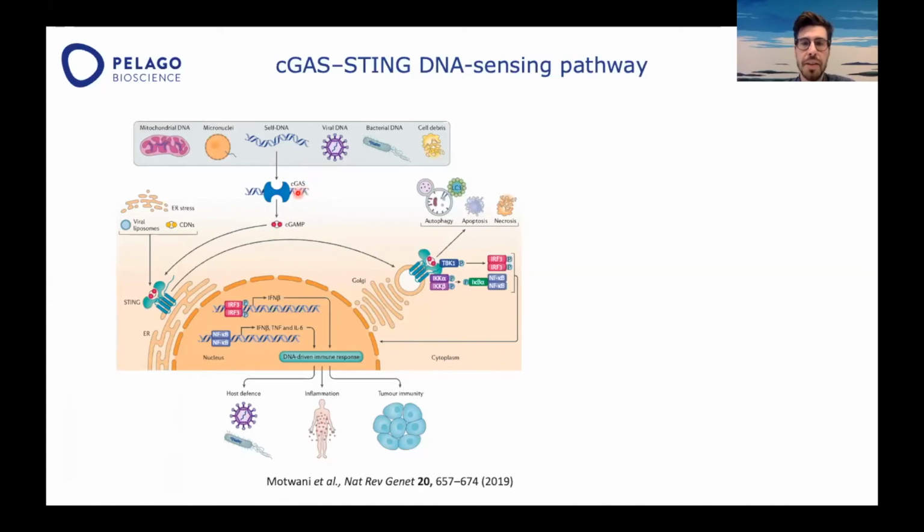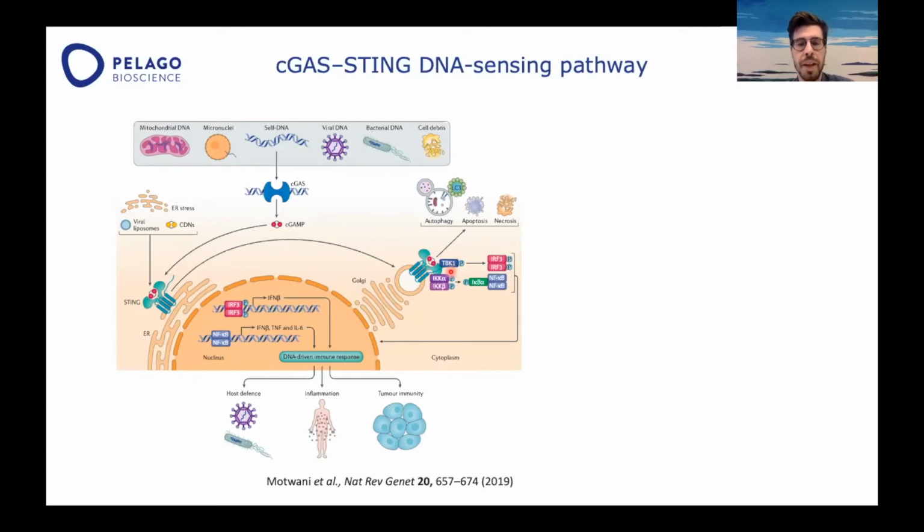When cGAS is triggered, it will start synthesizing cyclic GMP-AMP, abbreviated cGAMP, which is also one of our tool compounds. Once cGAMP is synthesized, it binds to STING, upon which STING will relocalize from the ER to the Golgi and meet TBK1, for example, TANK binding kinase 1.